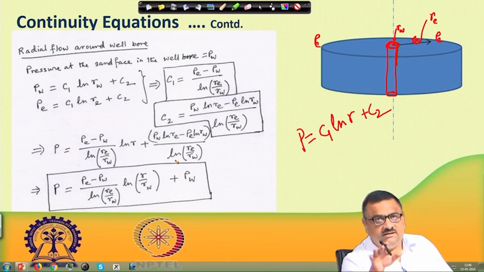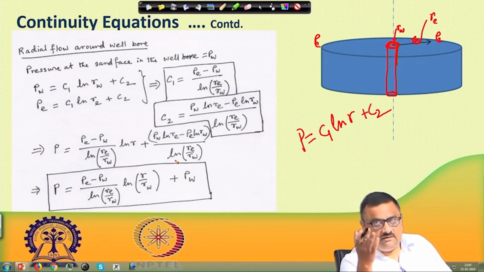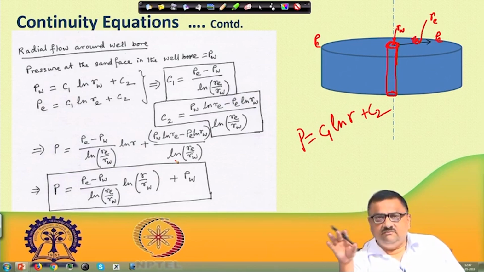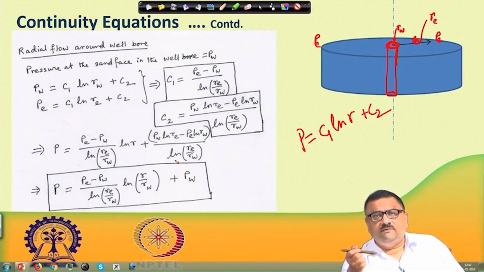We talked about the Cartesian system, then said that in some cases we can make use of a cylindrical framework, and here is one example where we considered the V theta term to be 0, and we are not considering any V z. We are treating this as a 2-dimensional problem, and we have sufficient justification for it. With those assumptions we arrive at a pressure profile, which we can take up further to find the velocity profile. I am going to continue that in the next lecture.